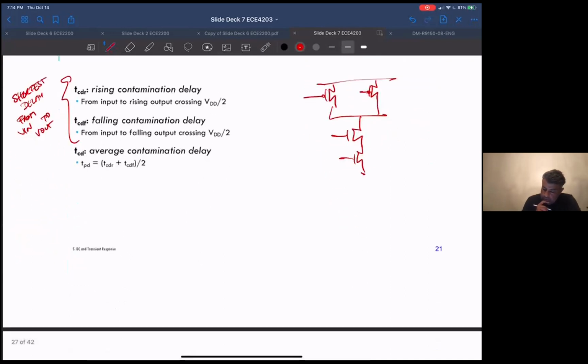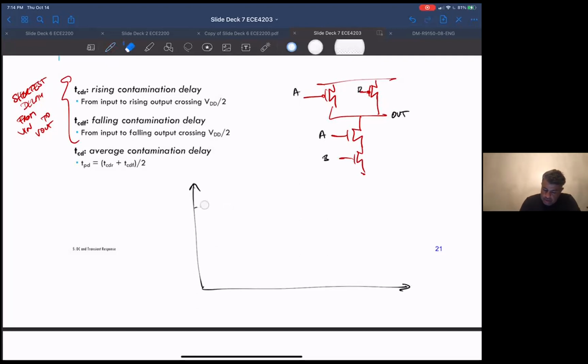So how do I draw this? This is going to make a really complicated drawing, but say you have a situation where your output is going low, right?